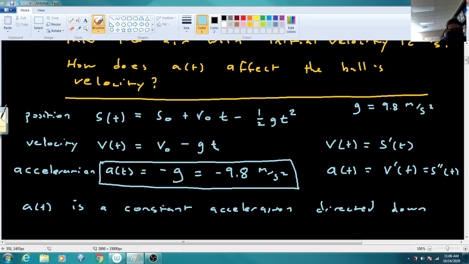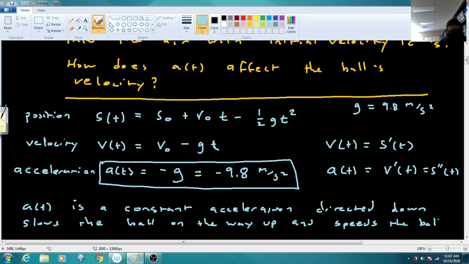So we have a constant acceleration directed down. This slows the ball on the way up and speeds the ball up on the way down.